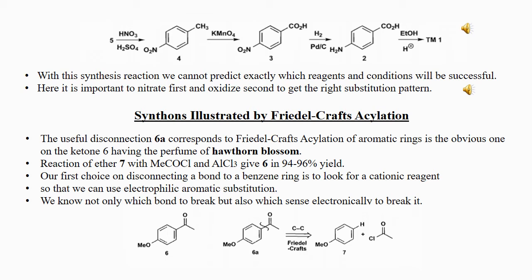Our first choice is disconnecting a bond to the benzene ring and looking for a cationic reagent. Right now we are thinking that there will be a cationic reagent which shall be used, so that we can use electrophilic aromatic substitution.